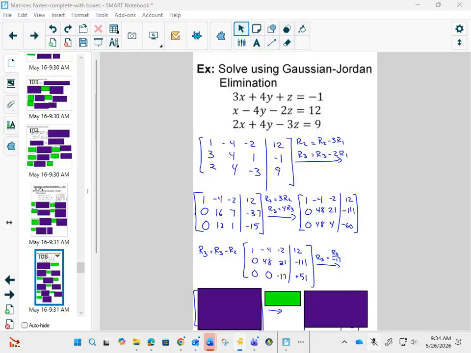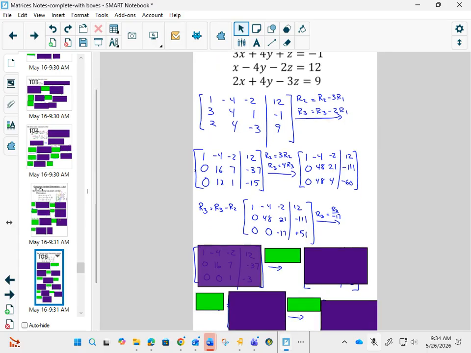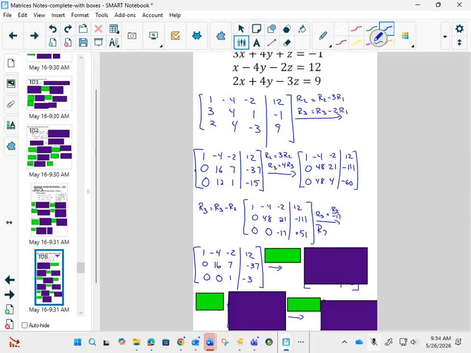I took row 3 and divided it back by negative 17 to get that to be a 1. And another thing I did, and I'll just write it on here. You see how I had taken row 2 and multiplied it by 3? I can undo that and change it back to the row 2 it was before.